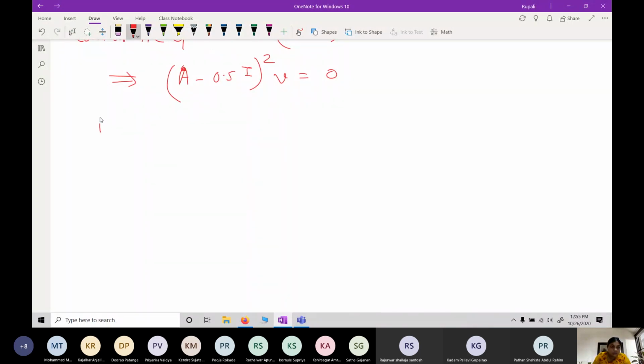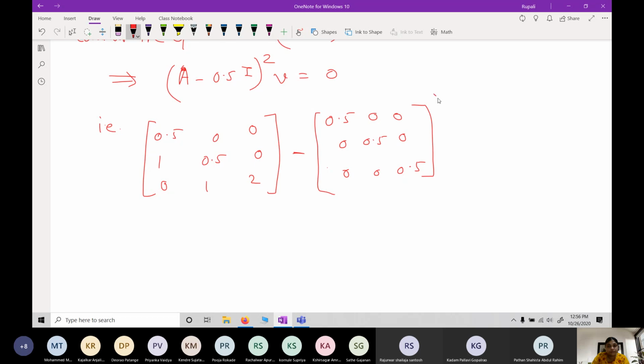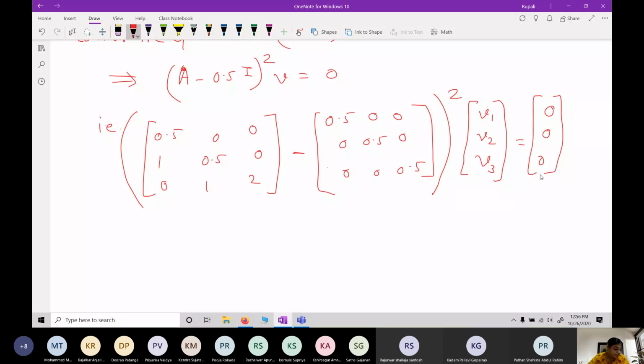Or that is, A is my 0.5, 0, 0, 1, 0.5, 0, 0, 1, 2, minus 0.5 I, 0, 0, 0.5, 0, 0, 0.5, and its square. v will be v1, v2, v3 is equal to 0, 0, 0. Is that right?